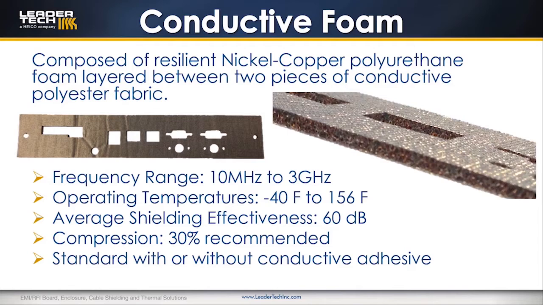This makes it also great for I/O panels. The target application is frequency ranges from 10 MHz to 3 GHz, operating temperatures of -40 degrees Fahrenheit to 150 degrees Fahrenheit, and can also provide an average shielding effectiveness of 60 decibels. We recommend 30% compression of the material and is standard with or without conductive adhesive.